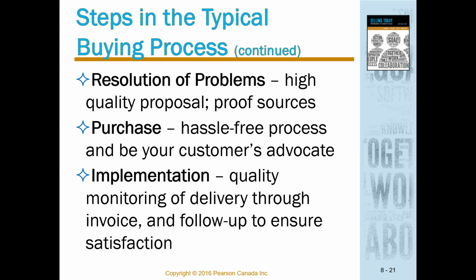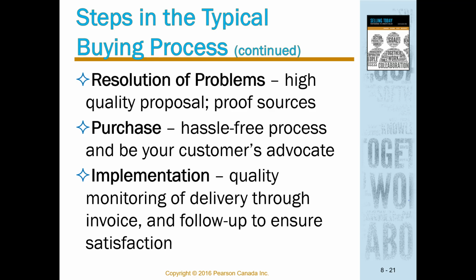So a hassle-free process, and this is where the customers, you have to advocate what you have to buy. And then you implement your product, so quality monitoring of delivery through invoice and follow-up to ensure satisfaction. So this is a long process. Most companies have a step between purchase and implementation, where you try the product first and give it a go before accepting contracts.